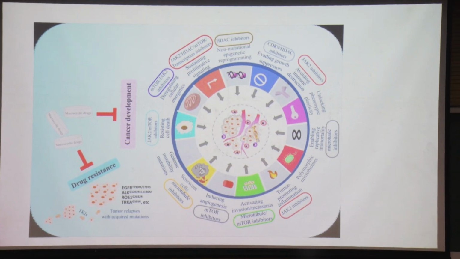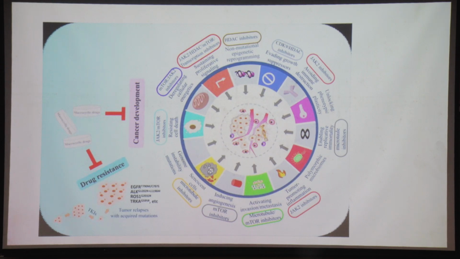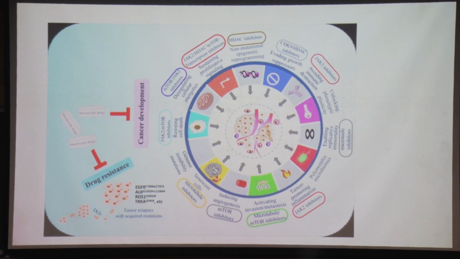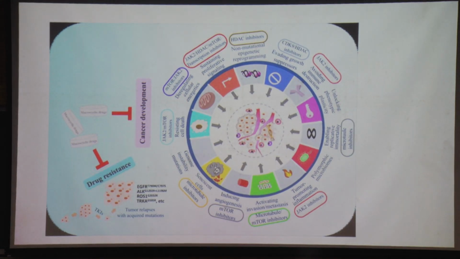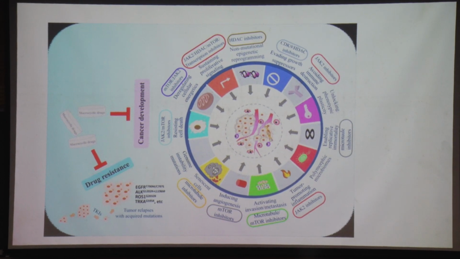Don't worry about the details of everything, because if we talk about all the details, it will become too intense. We have to get the general idea, and I will take you into details where they are necessary, but not all details are necessary here. The good news is that we know so many features of cancer, and we have developed an enormous number of drugs to treat cancer in many different ways.